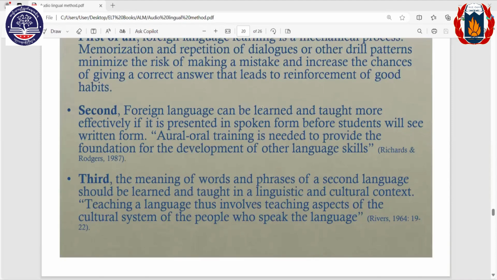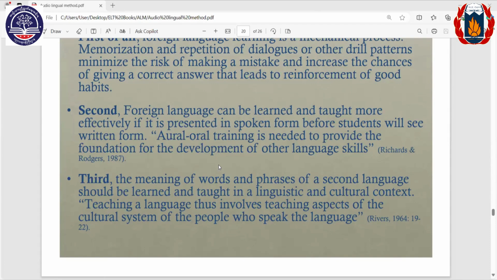Next, a foreign language can be learned and taught more effectively if it is presented in spoken form before the student sees the written form. Sometimes the learner will not understand, but he can produce well.